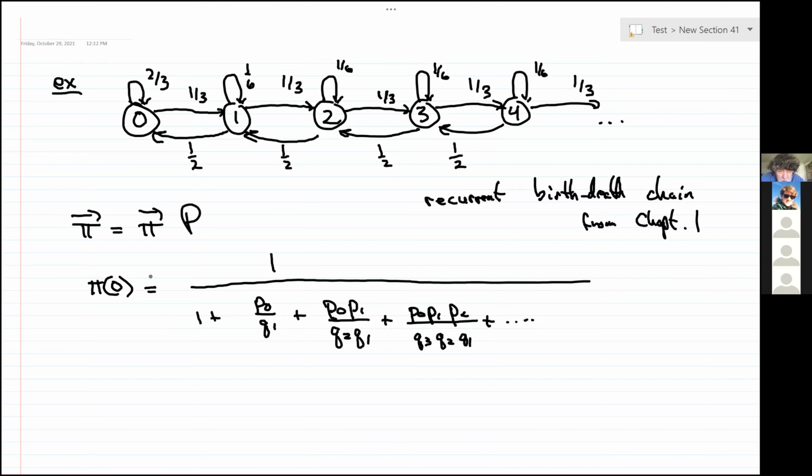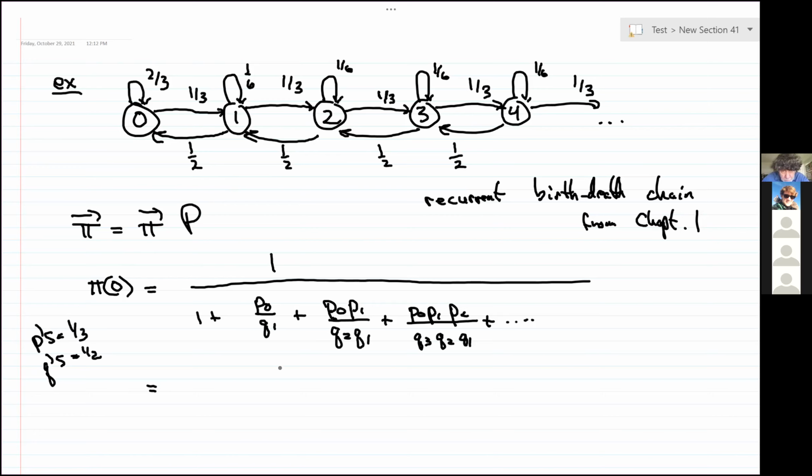But all the p's are 1/3. From the picture, the p's are going up. So the p's are all equal to 1/3. The q's are all equal, in this case, to 1/2. So we can substitute in this and figure out what's going on.